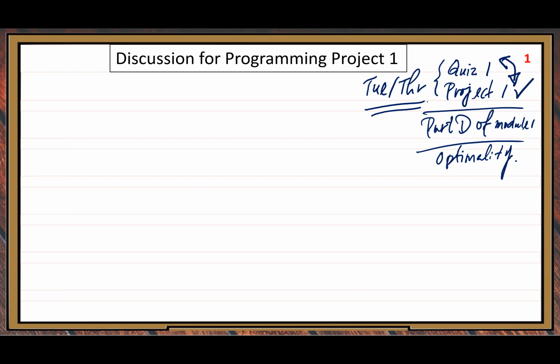So on Tuesday, we will complete the part D of module 1. So that means on Wednesday, I can post quiz 1. Approximately Wednesday, I can post the quiz 1.